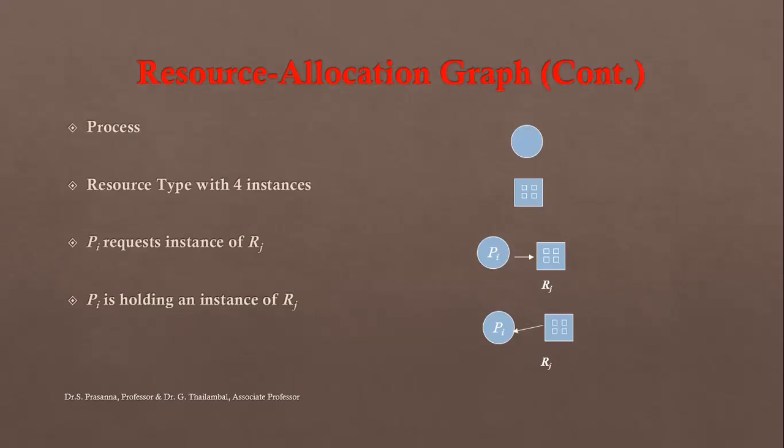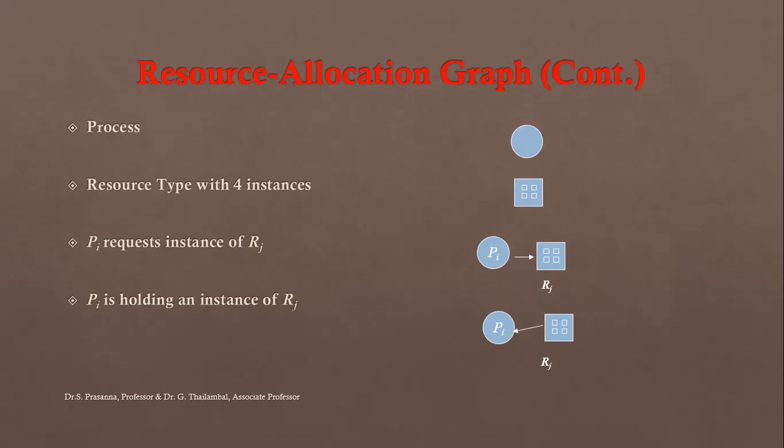The resource allocation graph contains all these symbols. For the process, a circle. A resource type with 4 instances, where instances are nothing but copies of the resource, is depicted by a square. Pi requests an instance of Rj is depicted by an edge from the process circle to the resource, Pi to Rj.